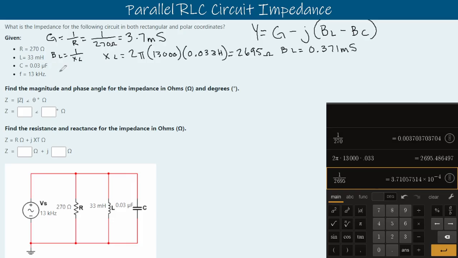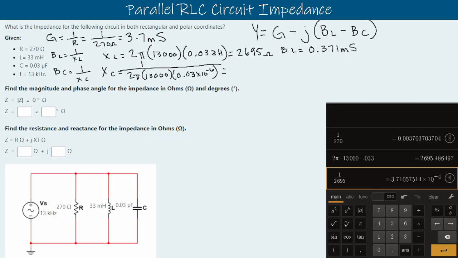Next, we have our BC that we need to find. BC is equal to 1 over XC, right? Capacitive reactance. Our XC is equal to 1 over 2 pi times frequency, 13,000, multiplied by our capacitor. Capacitor is real small here, 0.03 times 10 to the negative 6. We'll plug all that in as is there to find that value.